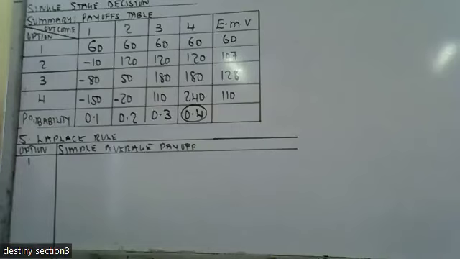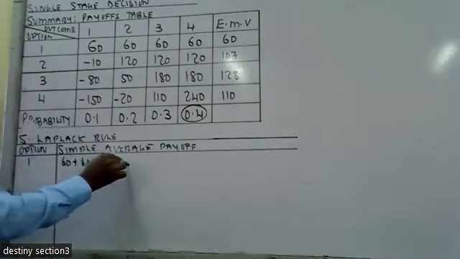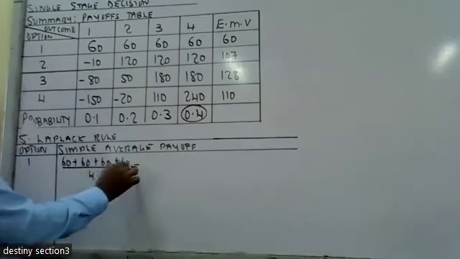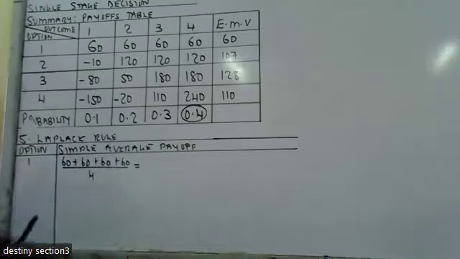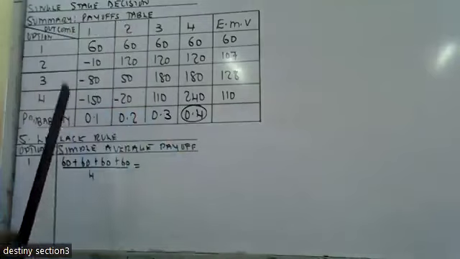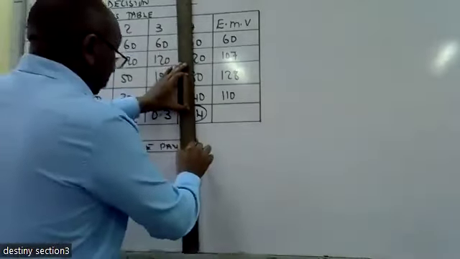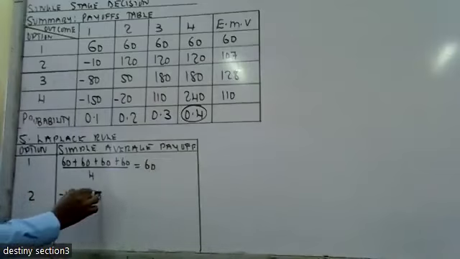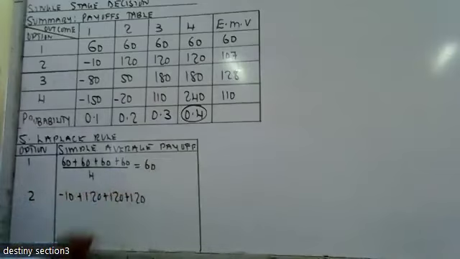So option one is 60 plus 60 plus 60 plus 60. Now all these you divide by 4. The answer obviously will be 60. Option 2, we have minus 10 plus 120 plus 120 plus 120.